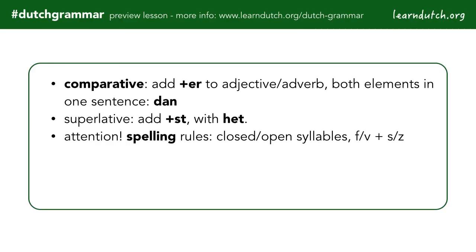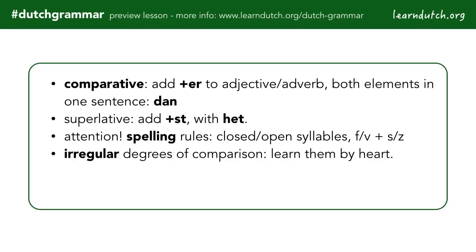Be aware of the spelling rules of closed and open syllables, and of the F changing into a V and the S changing into a Z. There are a few irregular degrees of comparison. Learn them by heart.